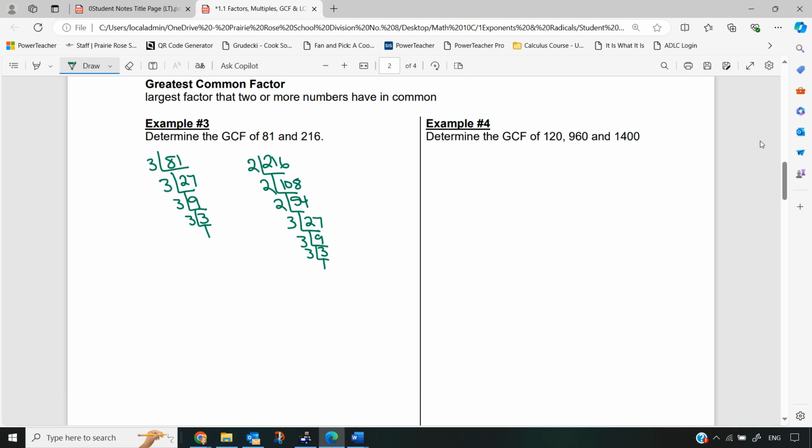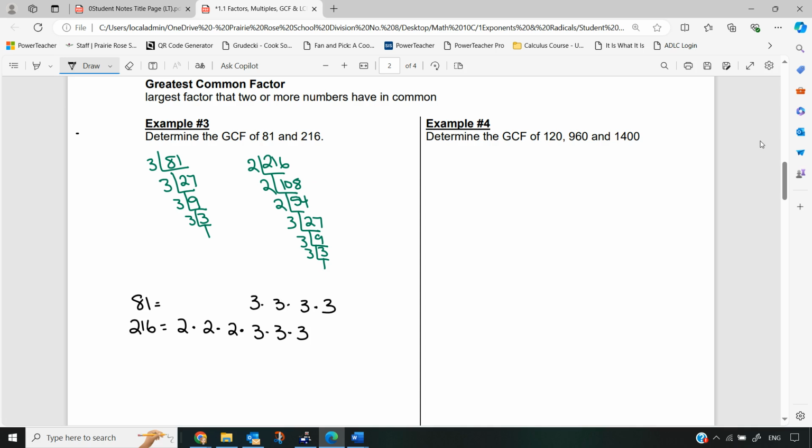Now, we're going to write these numbers out in numerical order, and you're going to notice that I'm putting some gaps in there, and I'm doing that for a reason. So we're going to write out our prime factorization. I'm going to start with 216 just because it's a longer set of factors. So 216 is 2 times 2 times 2 times 3 times 3 times 3, and then 81 is 3 times 3 times 3 times 3.